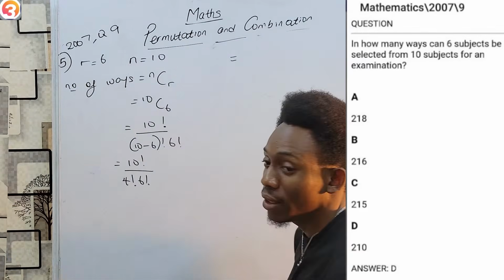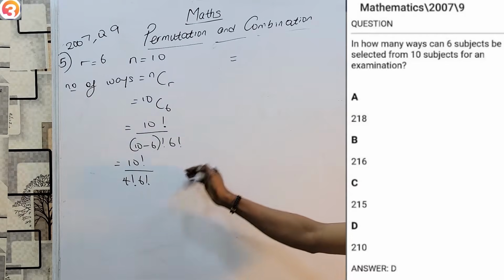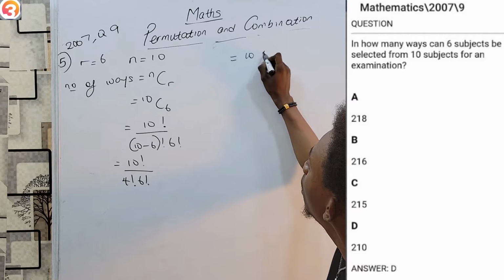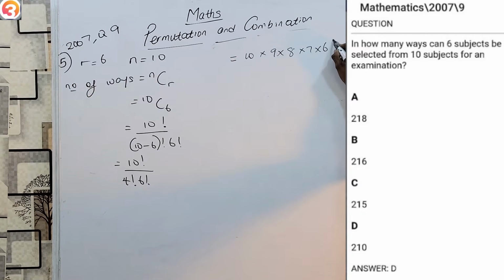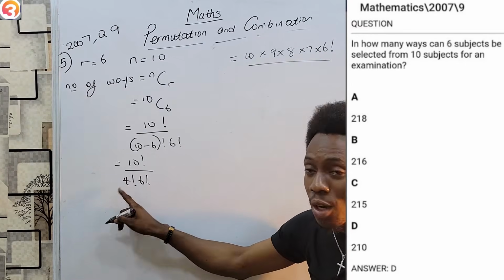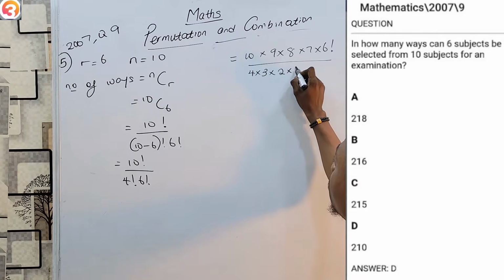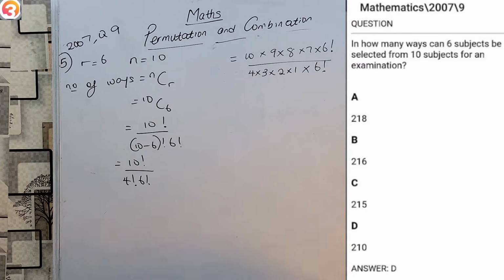Now, when I have something like this, what do I do? I have to expand, obviously, and I'll prefer to stop at the bigger one rather than the smaller one. That means I will have 10 times 9 times 8 times 7, and I stop at 6, which means I will expand the smaller one. 4 factorial is 4 times 3 times 2 times 1. Then I'll leave my 6 factorial as it was. That way, 6 factorial cancels 6 factorial.